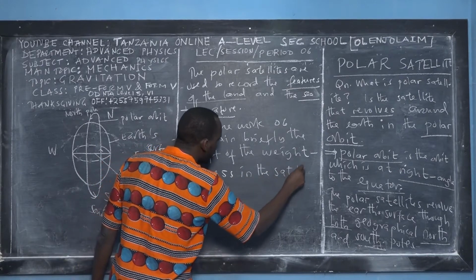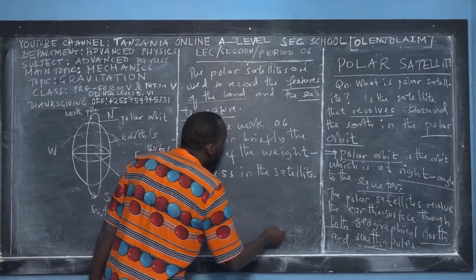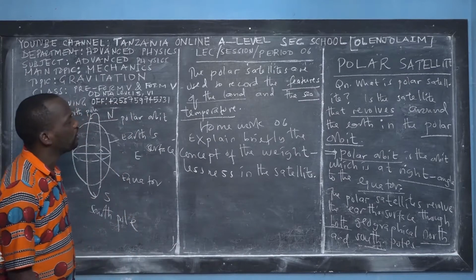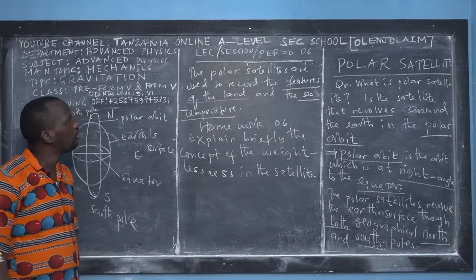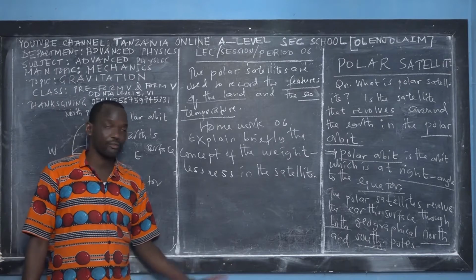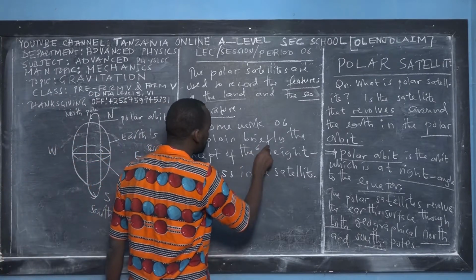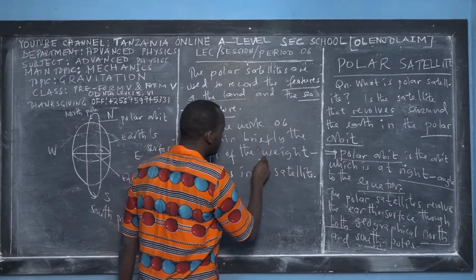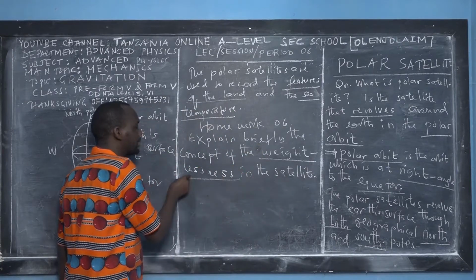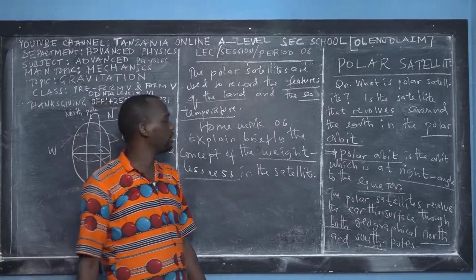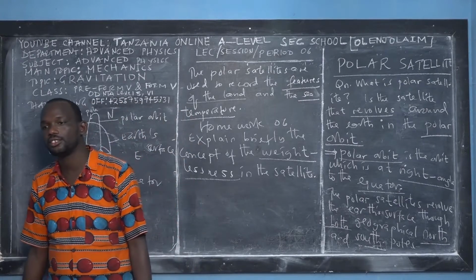So this is the homework. Make sure you do it before you join me in period 7 or lecture 7 of gravitational mechanics. So explain the concept of weightlessness. This is the keyword, weightlessness in the satellite. What does it mean? What is the meaning of weightlessness in the satellite? Right?